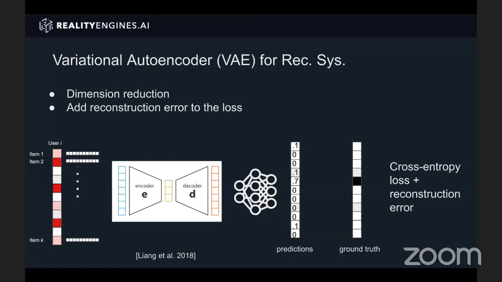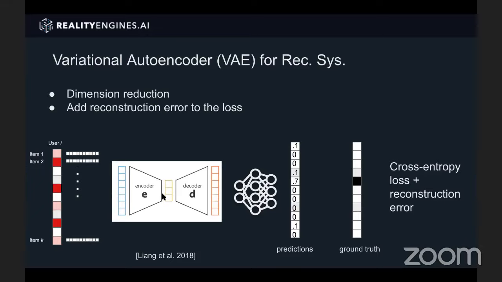Okay, so next I'll talk about a few different recommender systems that actually use generative models in deep learning. And first I'll talk about variational autoencoders, or VAEs. And this is a very popular generative model. This is a VAE right here on the left. The idea is that we start with our input vector, and it goes through an encoder, similar to the embedding layer on the previous slides.